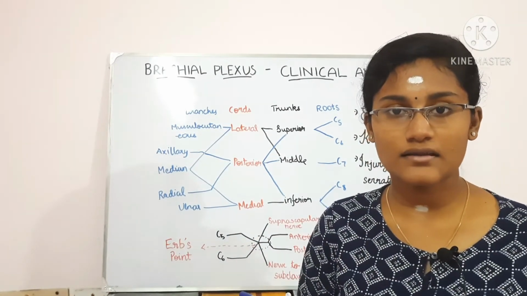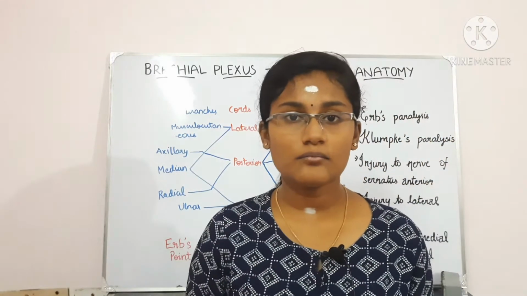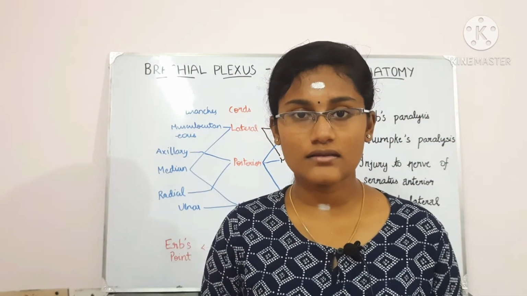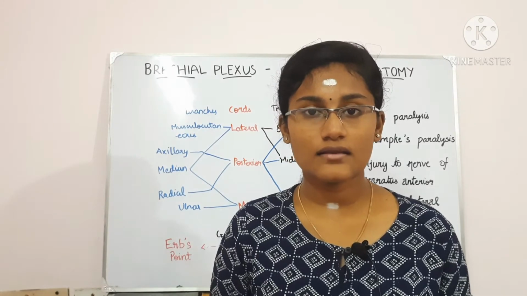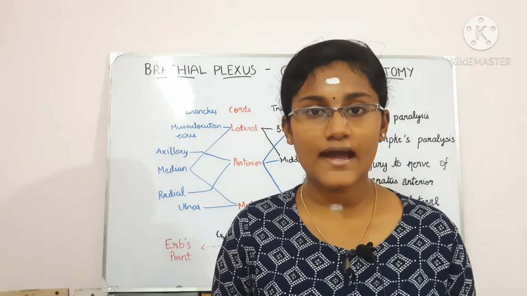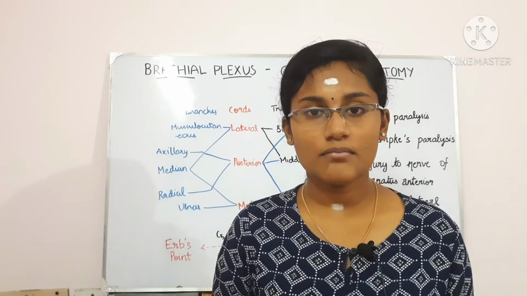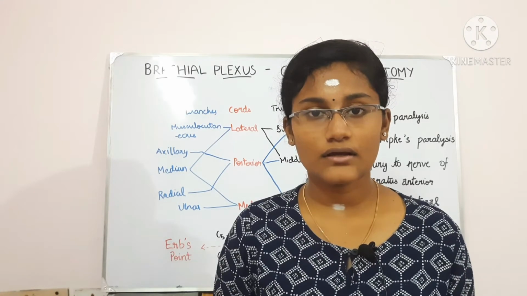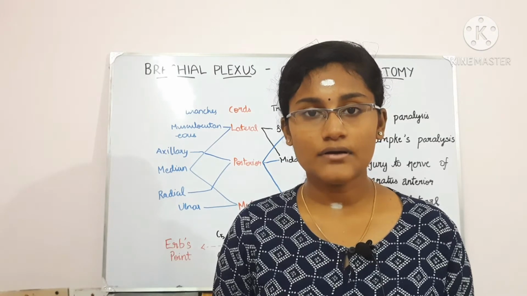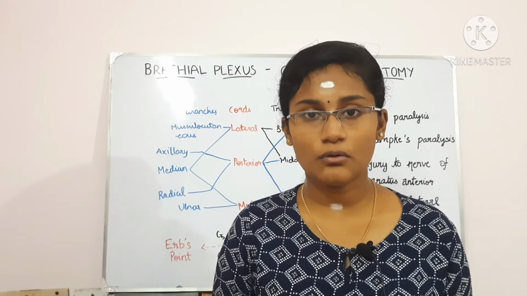it leads to Erb's paralysis. Okay, so what can be the cause for Erb's paralysis? So the cause of Erb's paralysis is the undue separation of the head from the shoulder. Okay, so this happens when there is a birth injury, or it can happen during anesthesia, or it can happen because of a fall on the shoulder.